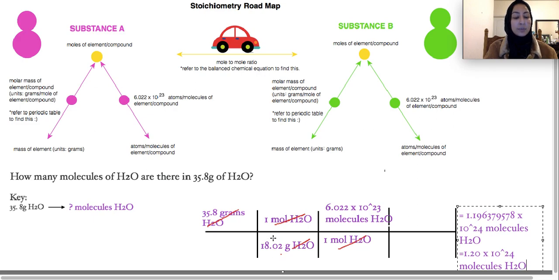So I computed that, got 18.02, and that's always going to equal 1 mole of the substance. And I wrote that up top. Once I reached this point, I moved diagonally again and put down the same units, moles of H2O, before I proceeded. Moved down my road until I hit 6.022 times 10 to the 23rd molecules of H2O. I stopped here because that's what the key is telling me to answer.